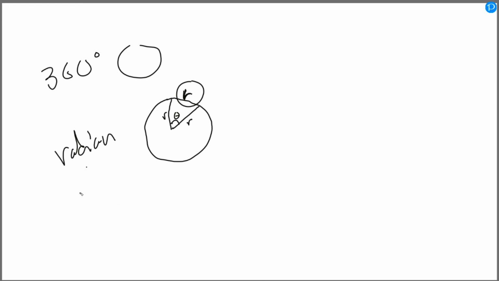So this has implications since we know that the perimeter of a circle is 2 pi r. So if each r is a radian, that means in a full circle, so in 360 degrees, we have 2 pi radians.